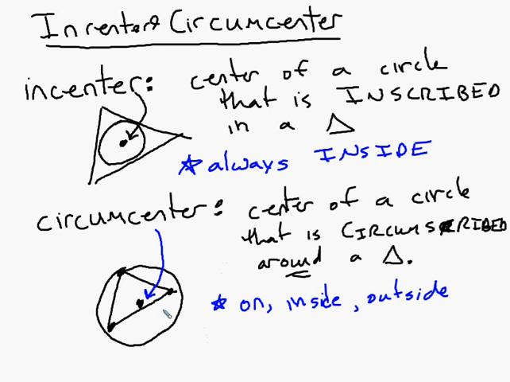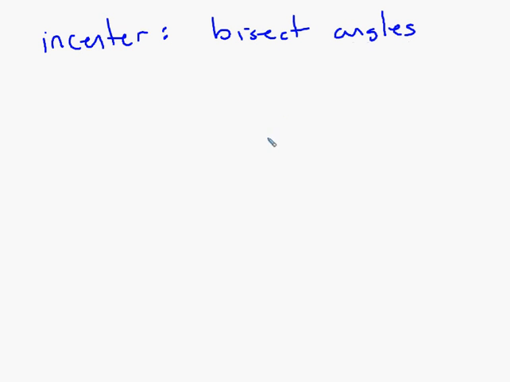Okay. So, the question is, of course, well, how do we find each one of these things? So, in-center. To find in-center, we're going to bisect the angles. Now, that's something that we've actually done before. And you want to leave some space there so that I can show you.